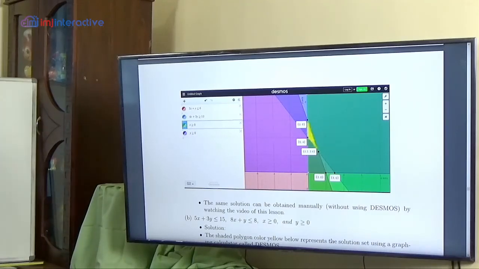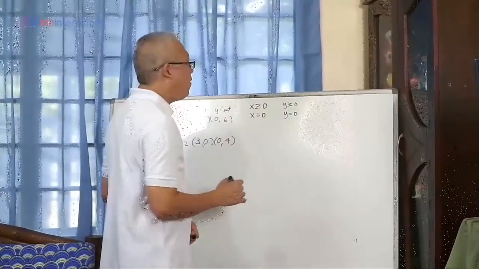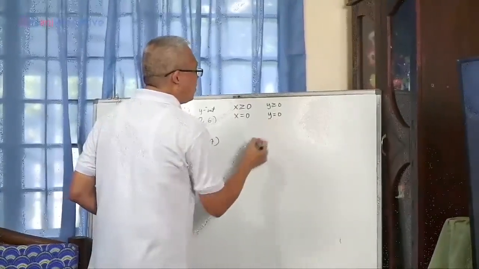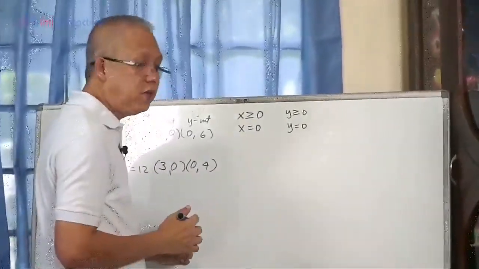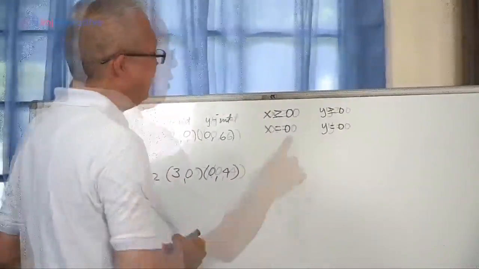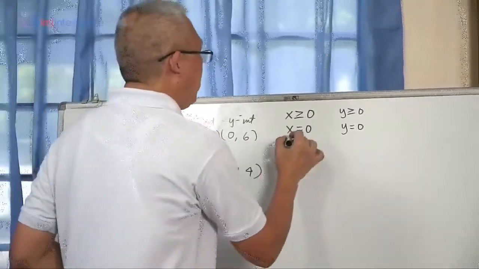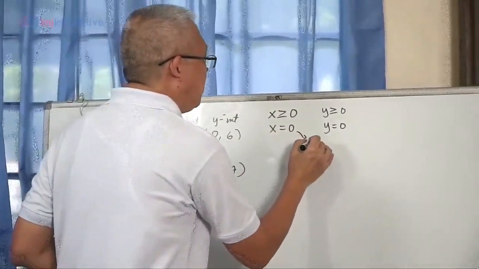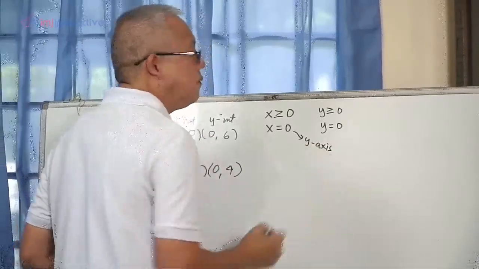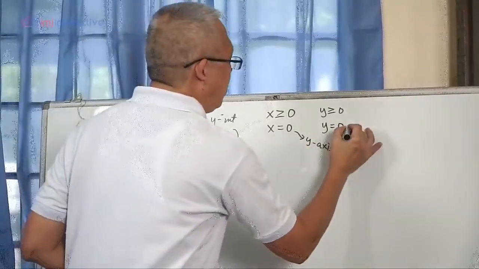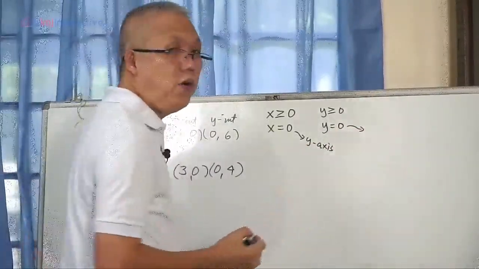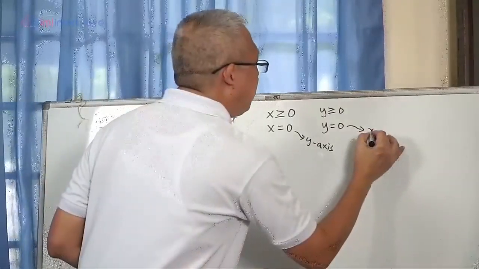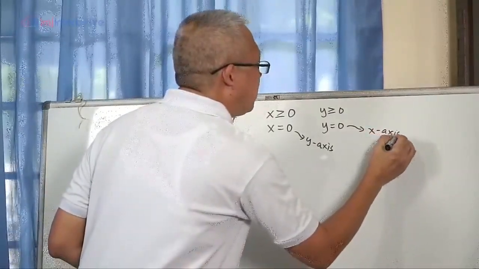So when you say x equals 0, you are actually referring to the y-axis. When you say y equals 0, you are referring to a horizontal line, and this graph is the x-axis.